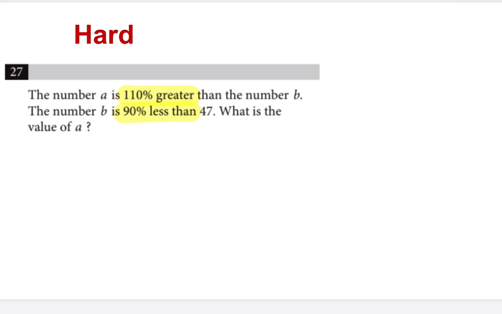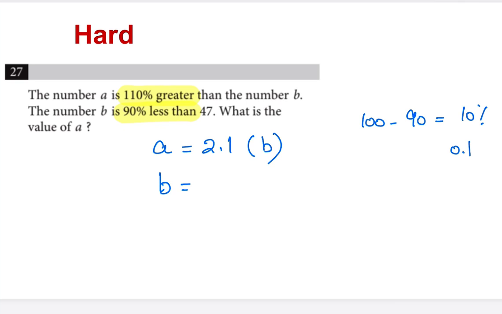If it says that the number A is, meaning equal, 110% greater than, let's use our strategy, which is going to be 210% or 2.1, greater than B, so 2.1 times B. Now B, that's the second scenario, is 90% less. By subtracting 90% from 100, that's only 10%, which is basically 0.1.